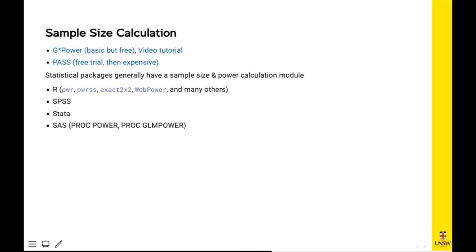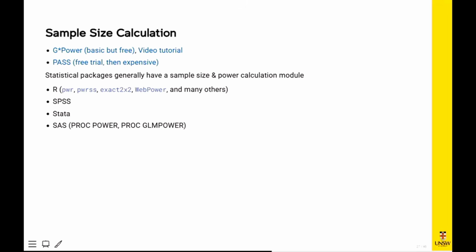And then software packages typically have some facility or modules in them to do sample size and power calculations. Like SPSS, if any of you are using SPSS, for a very long time it didn't have it at all. In recent versions, you can do some basic sample size calculations in it. But SAS and Stata and R all have some really nice packages and modules with them.